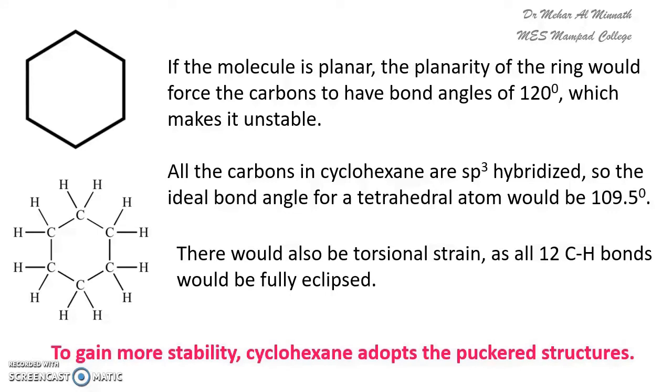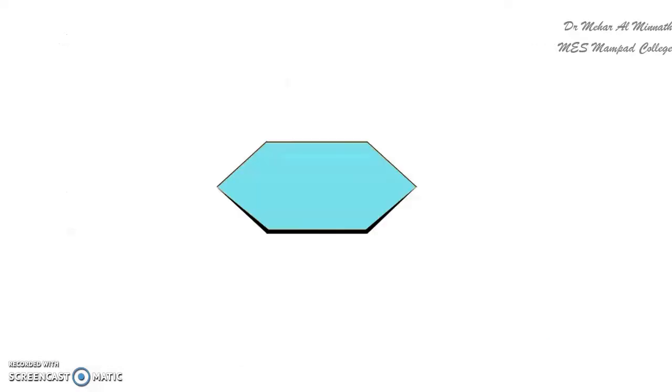By puckered structure, we mean a deformed, or rather a distorted, structure. There will be a distortion happening on the planar cyclohexane. So cyclohexane will not exist in the planar form, but rather in the distorted, puckered structure. Now let us see how the puckering happens.